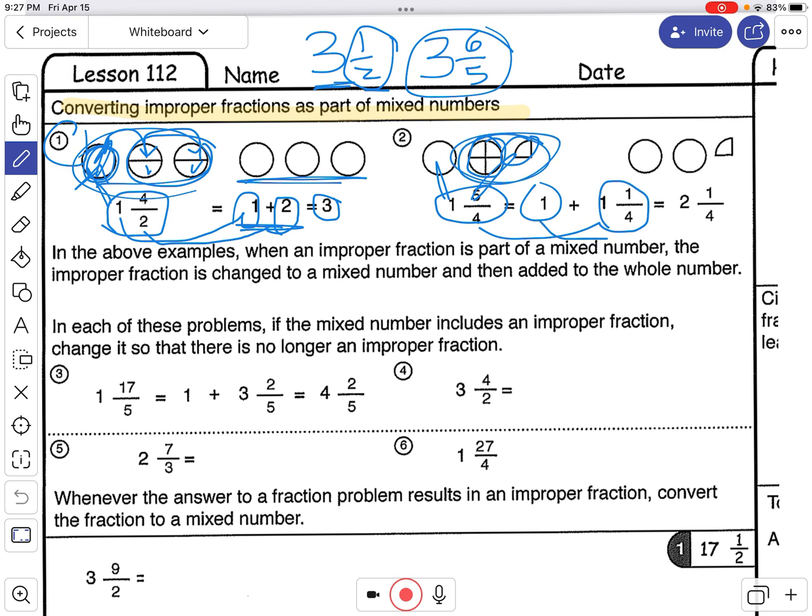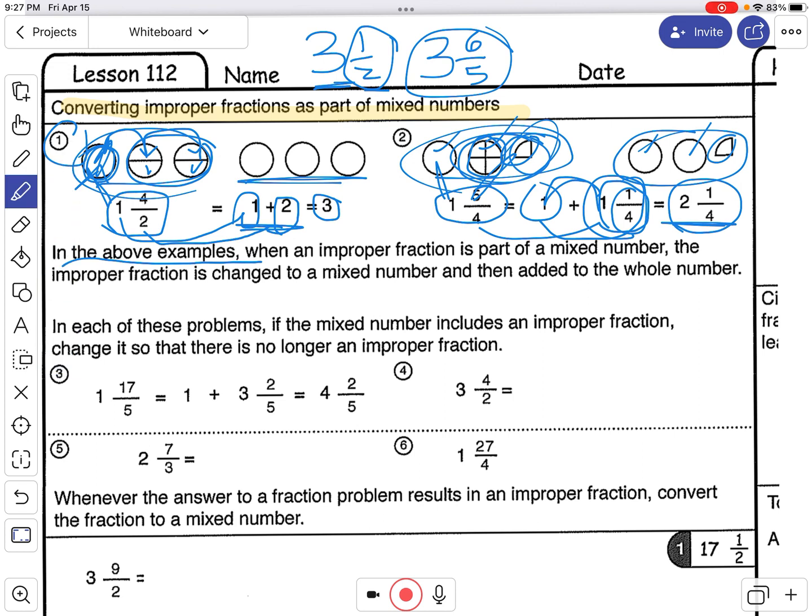So what is 1 plus 1 1/4? 2 1/4, because 1 plus 1 is 2, and then there's a fourth left over. You can see a model of that here and here, really. 1 whole, and then a fourth. There's the 1 whole, and a fourth. 2 1/4.